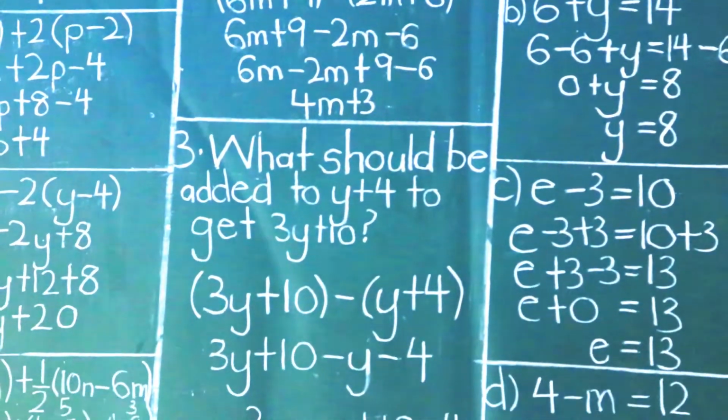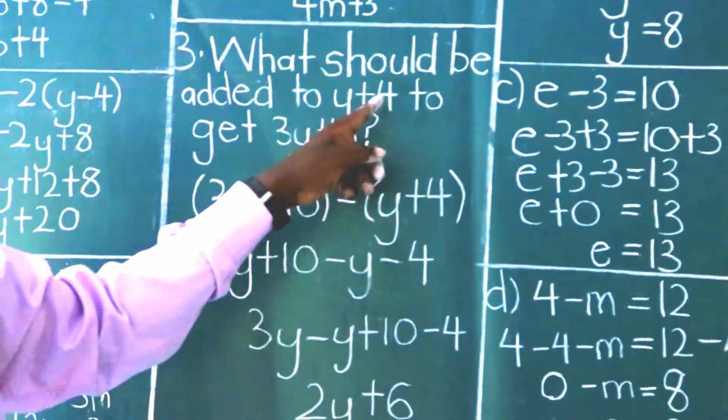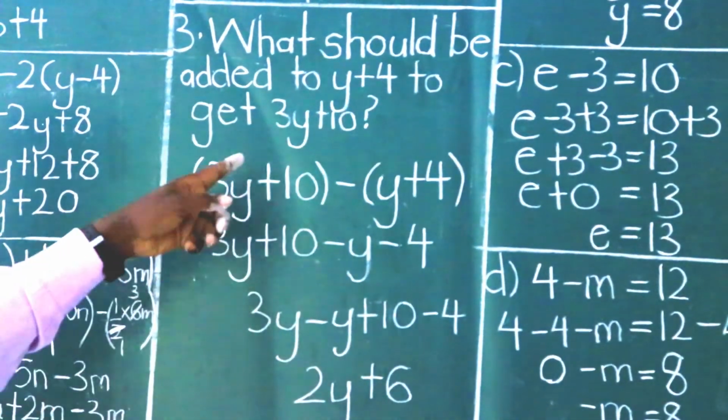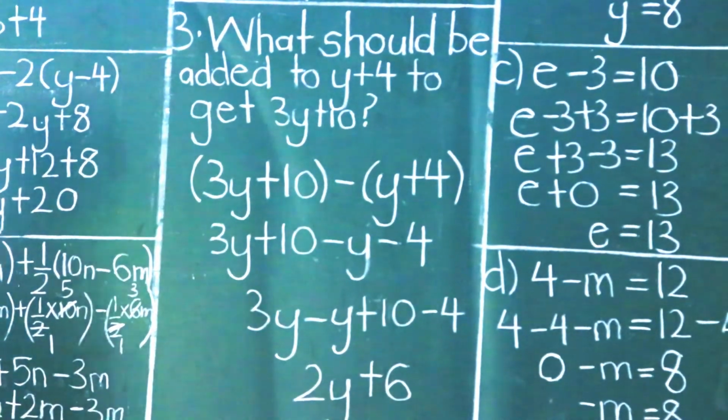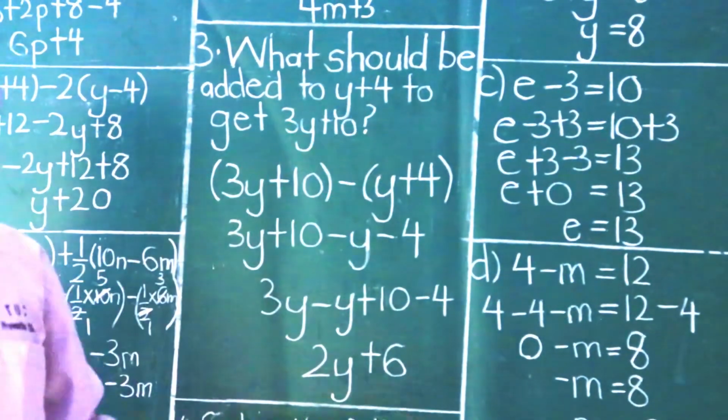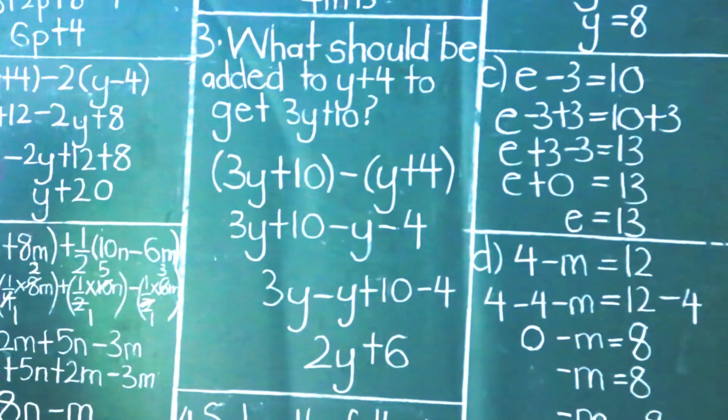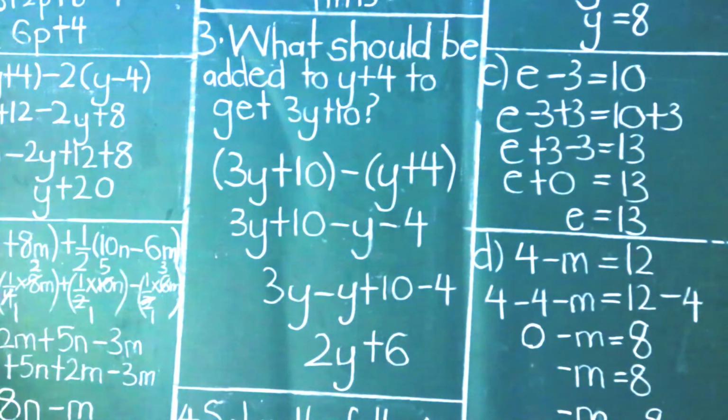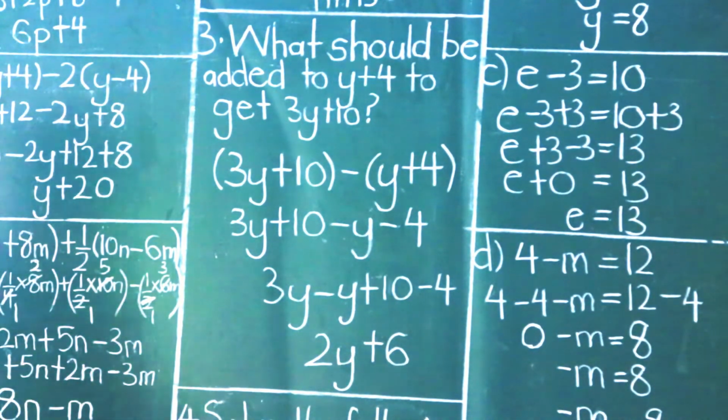Example today that reads, what should be added to y plus 4 to get 3y plus 10? If one wants to understand that number very well, one can set another question that's related to it to understand the related style.